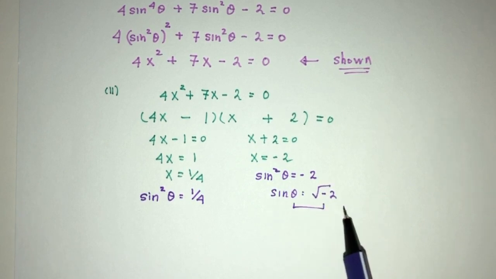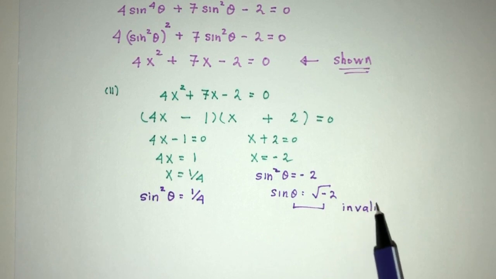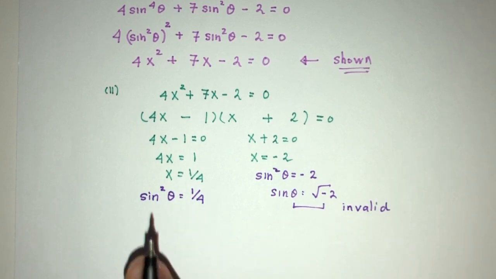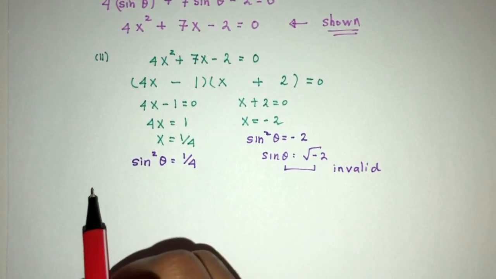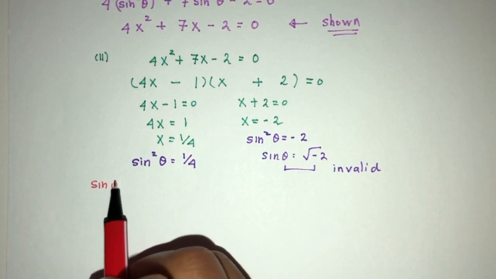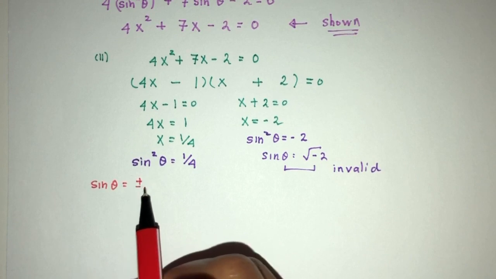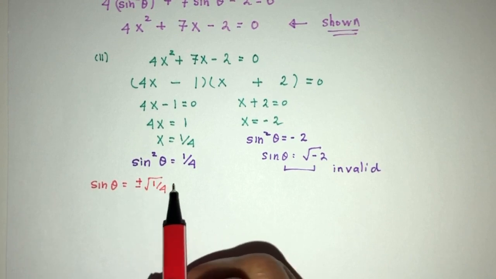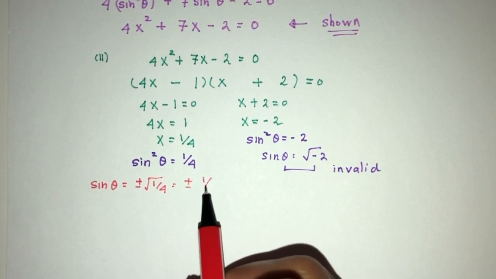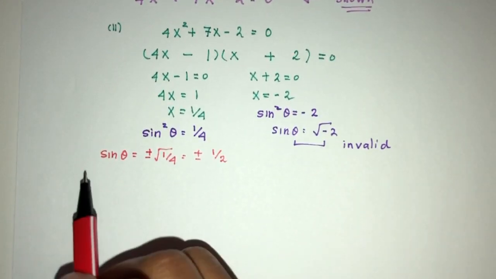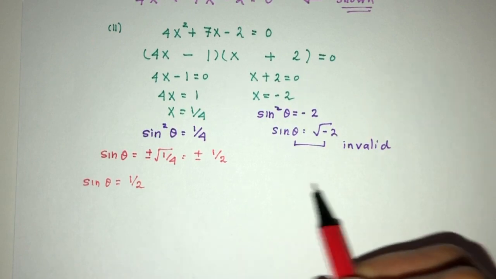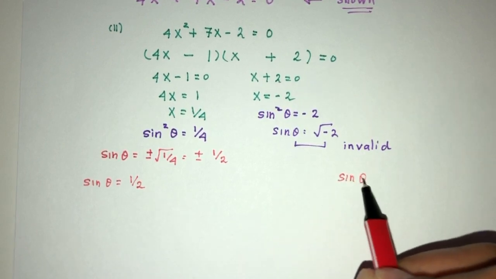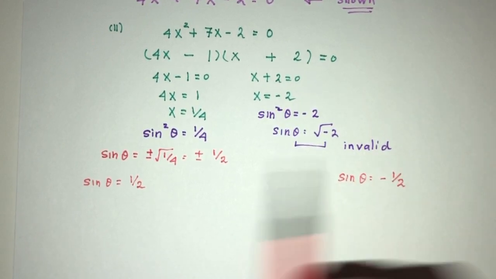So this is not possible, it will be invalid. So we have to go on with only one side of the equation. So we realize that sine theta will be plus minus root of 1 over 4, which is plus minus 1/2. So for one part sine theta will be positive half, or sine theta will be negative half.